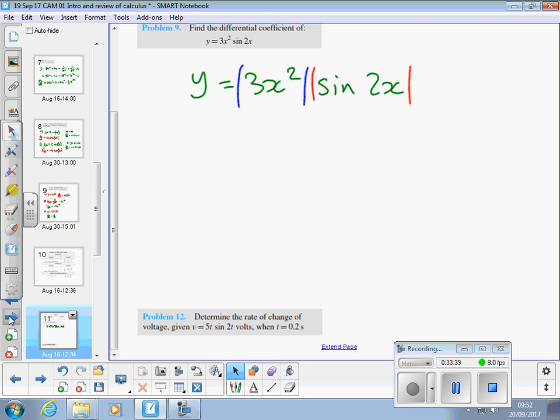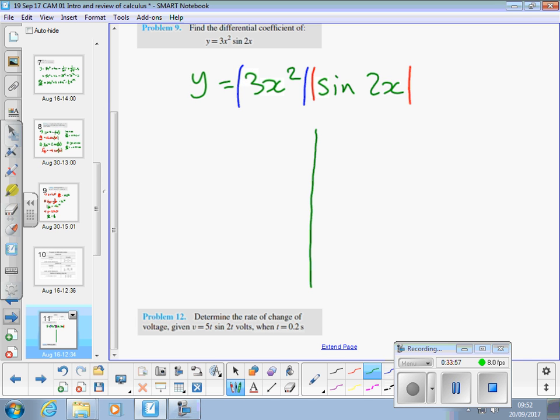Can anyone remember what that is from last year? Yeah, I usually split my board up, don't I? Yeah, we're using the formula.